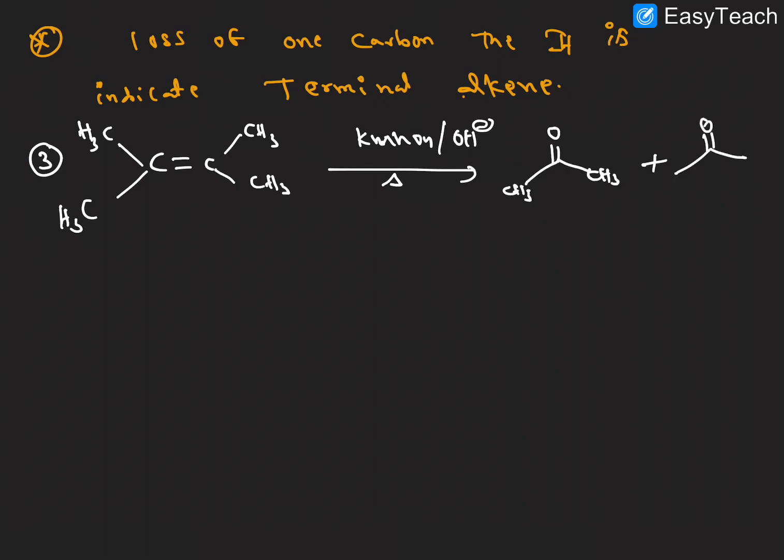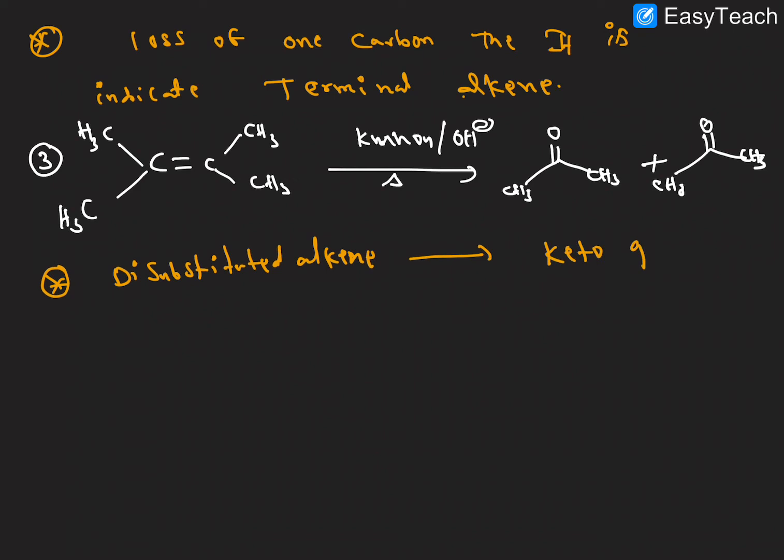So 2 moles of ketone will form here. So generally the point here is that a disubstituted alkene gives ketone groups, right?